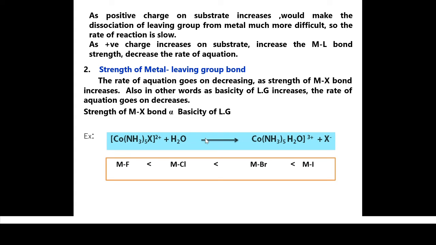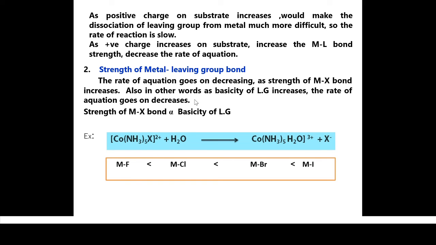Exactly opposite, if the leaving group is a better one, your rate of aquation increases because the strength of the M-X bond decreases. Here the strength of the M-I bond is less as compared to M-F, which has the highest strength. So the rate of aquation is higher here and less there.